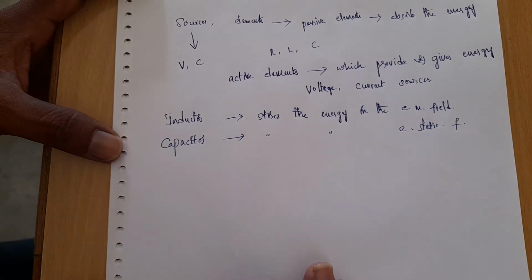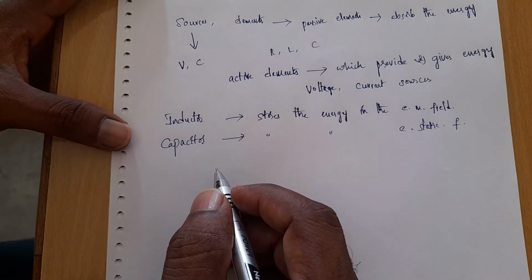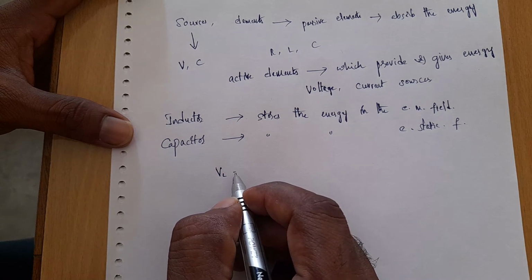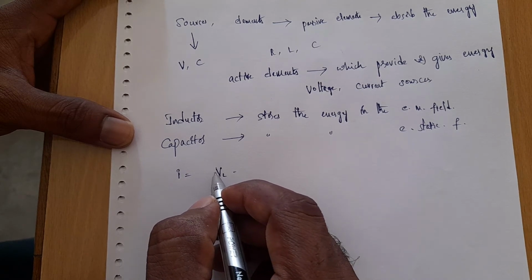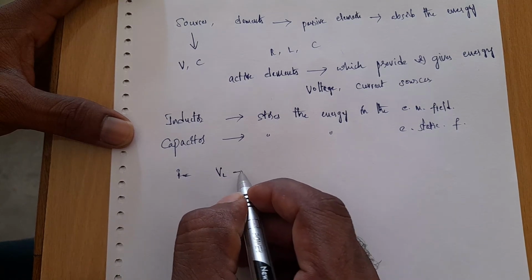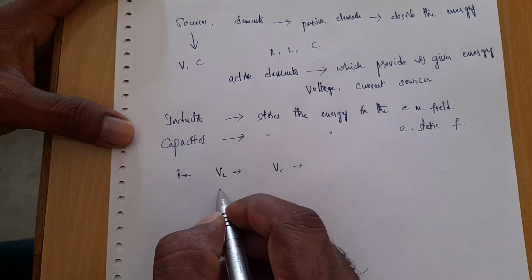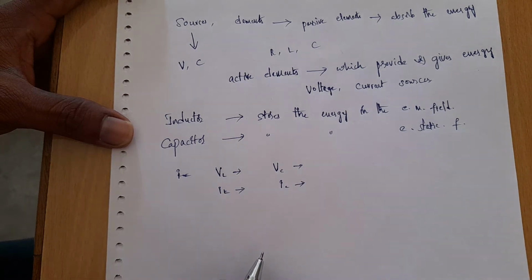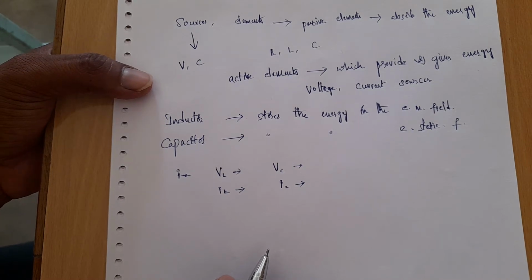If you want to write down the formulas for voltage and current for inductor and capacitor, I can represent VL for inductor and VC for capacitor voltage, and IL for inductor and IC for capacitor, just as a normal notation for identifying the corresponding sources.